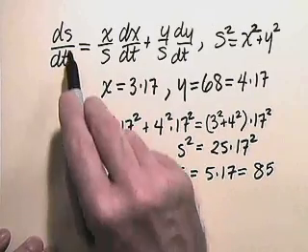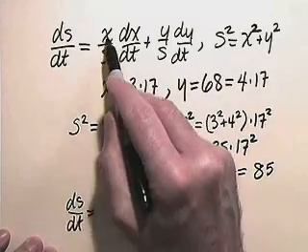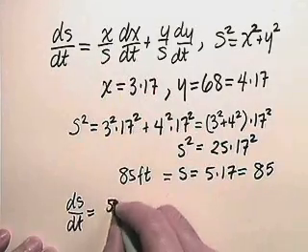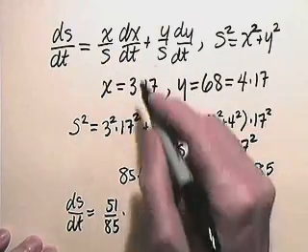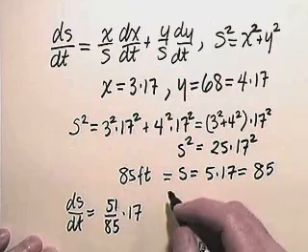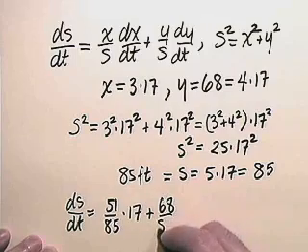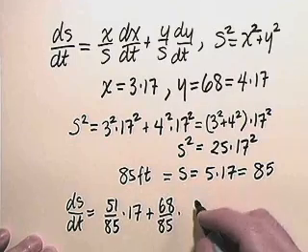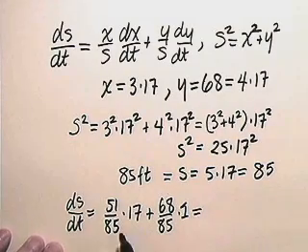And so what does that give us for ds dt? ds dt is then x, which is 51 over 85, times dx dt. Well, remember dx dt is the velocity of the bicycle, which is 17, plus y, which is 68, divided by 85, times dy dt, which is just 1. And of course, remember the 51 is 3 times 17, the 85 is 5 times 17, so that one is 3/5.